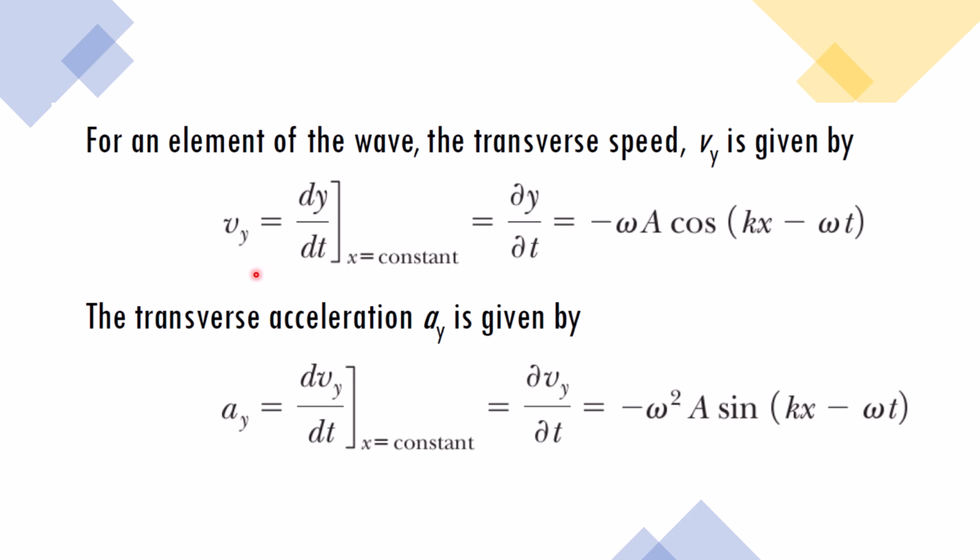Here we have the equation for v, the speed in the component y, which we set as the vertical speed, equal to dy per dt, where x is constant. Here is the equation for the speed.